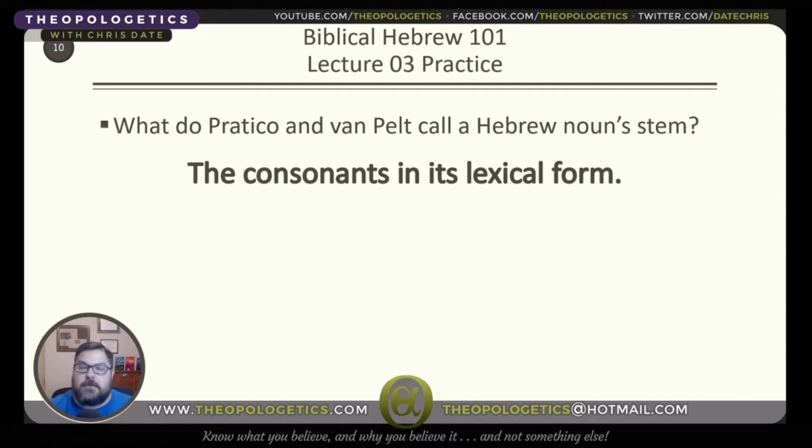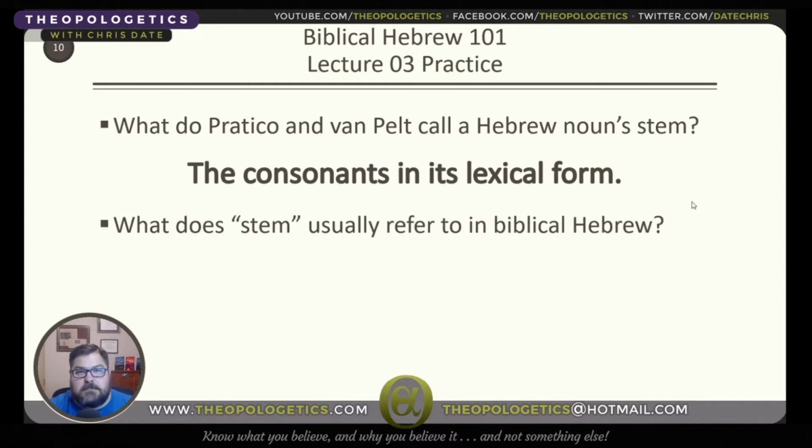But they have different stems. The stem in the case of melech is that same root, right? You've got a mem, a lamed, and a chaf, and then you've got the vowels in between. But in the case of mamlacha, it has that same root, but its stem is mem, lamed, chaf, and hey.